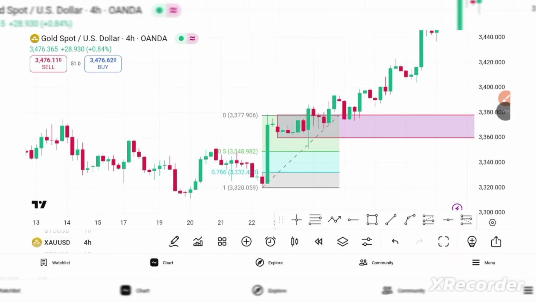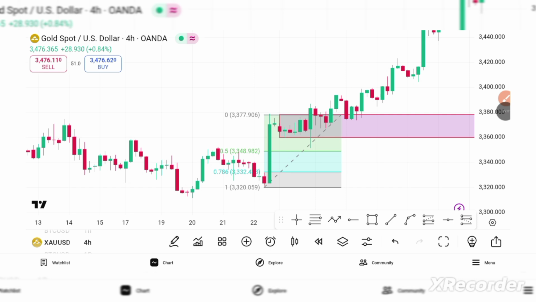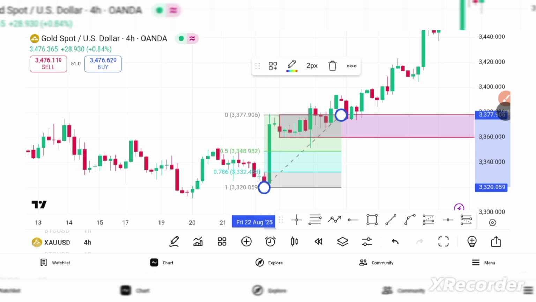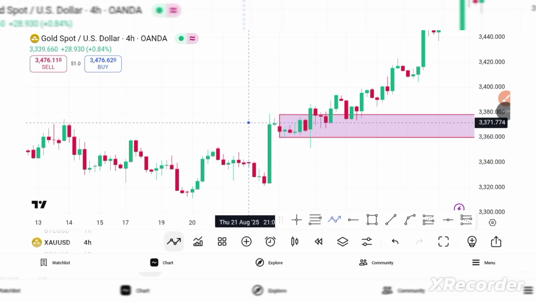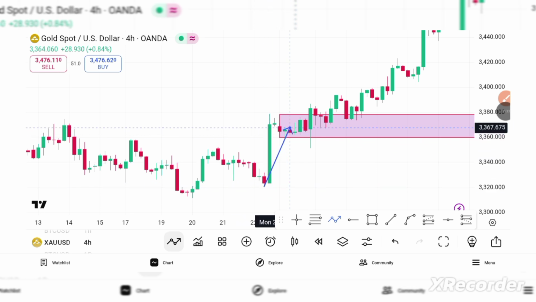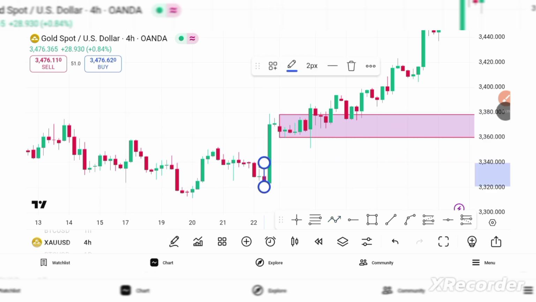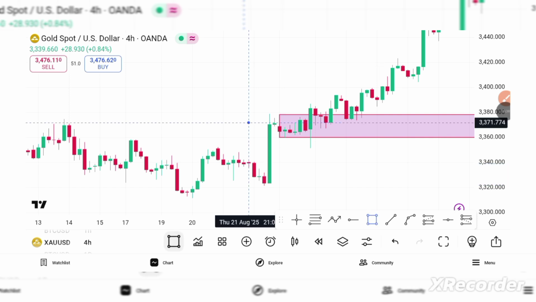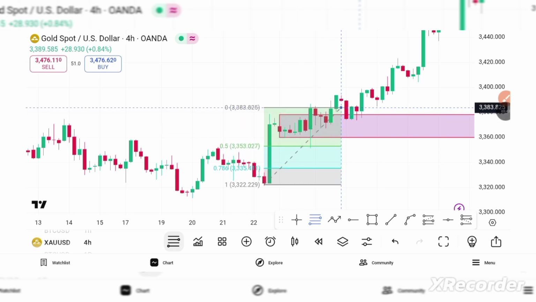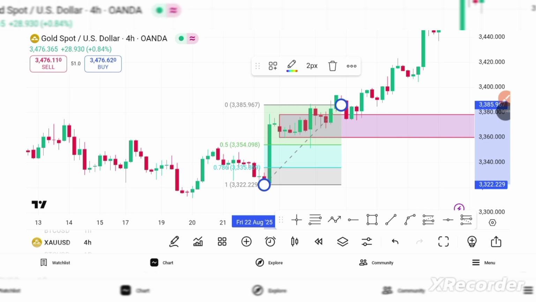So in normal circumstances, right now, price has traded into this equilibrium, tapping into this fair value gap already.